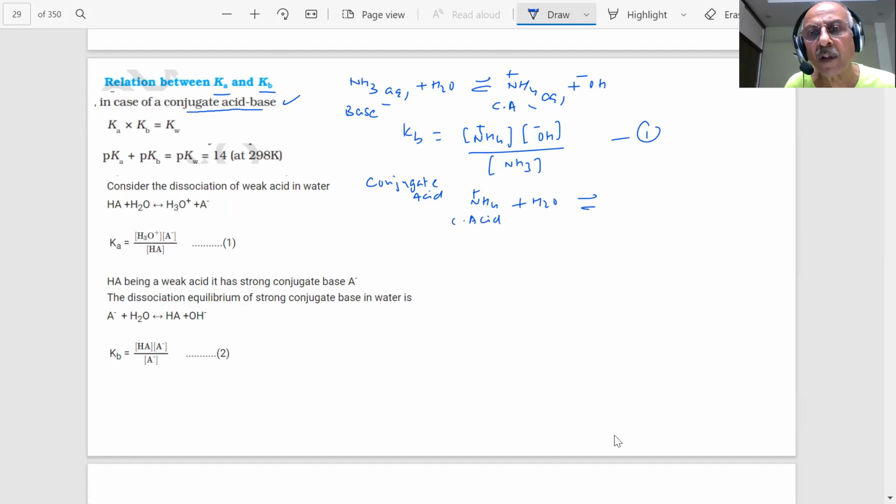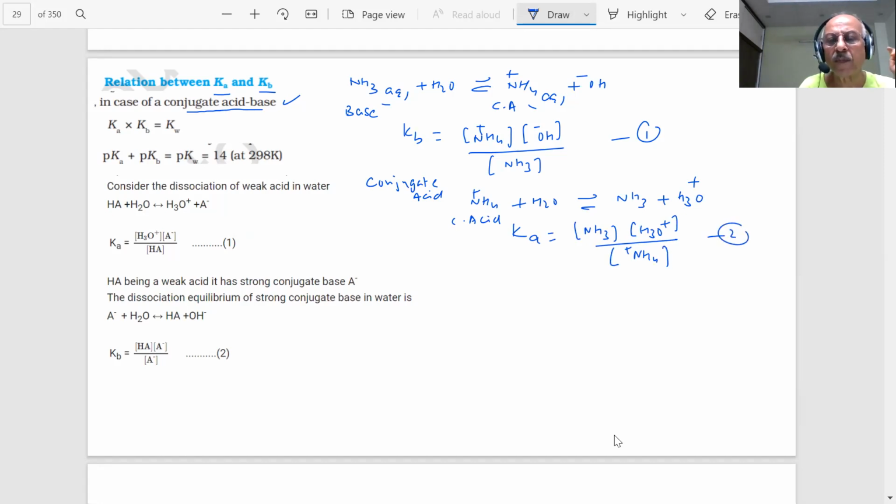Conjugate acid. What will you get? NH3 plus H3O plus. What will be the Ka? NH3 times H3O plus divided by NH4 plus. Am I right? Yes, sir.